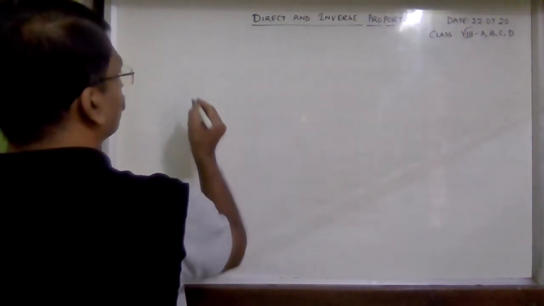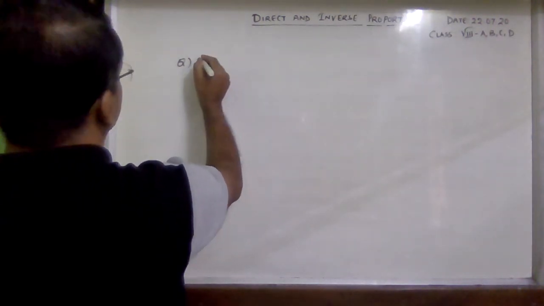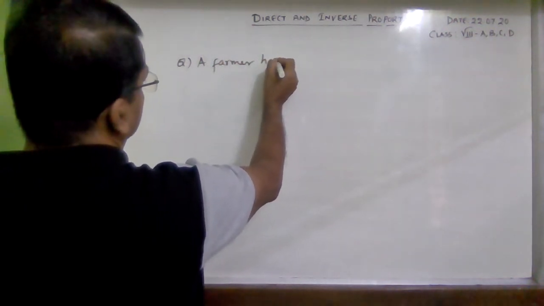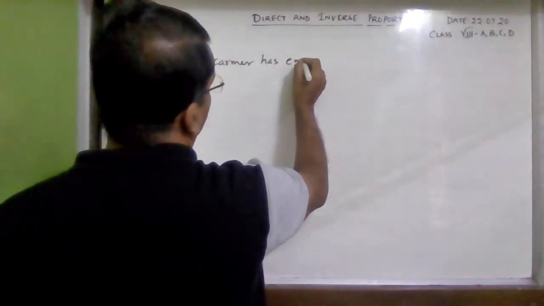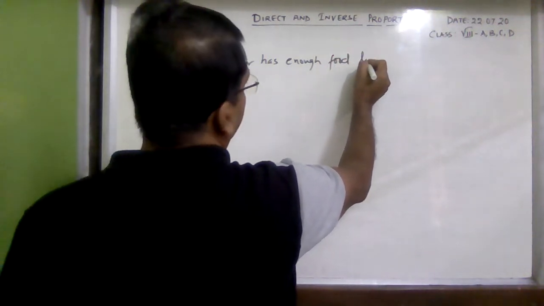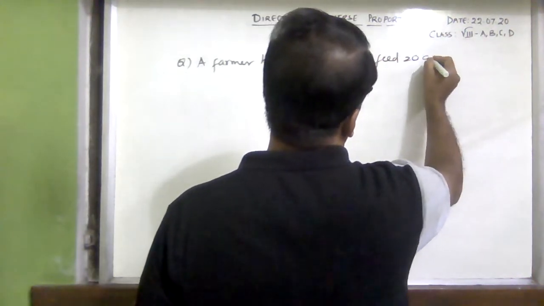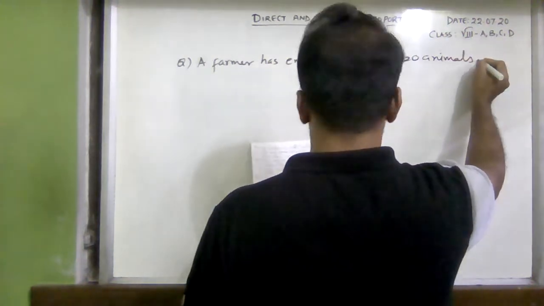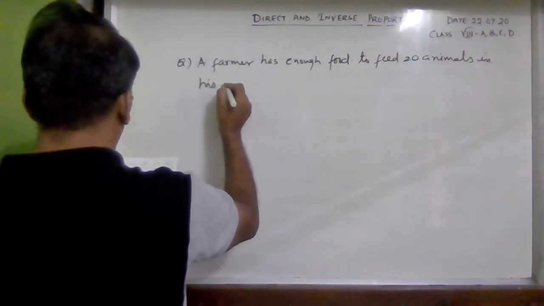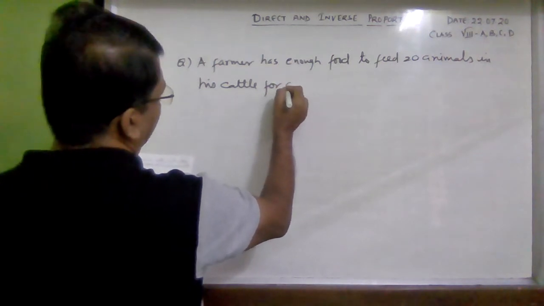Next question. A farmer has enough food to feed 20 animals in his cattle for 6 days.